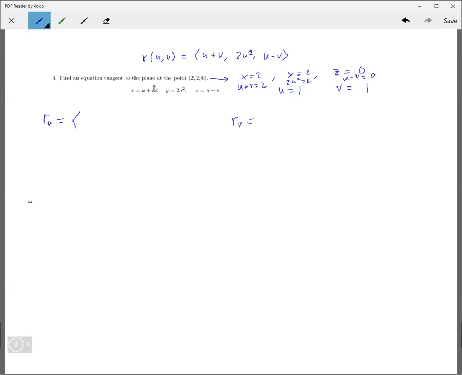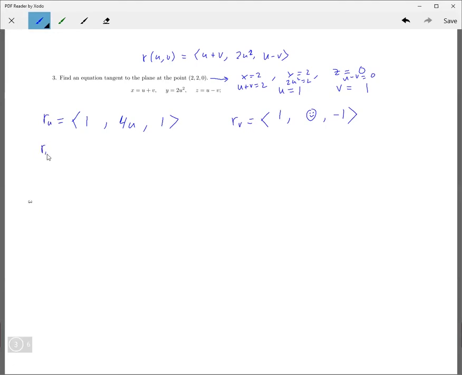With respect to u, we're going to get 1, then the partial of 2u squared gives 4u, and then here we're going to get 1. Now partials with respect to v: 1, 0, and -1. Zeros are good. Zeros are our friend.